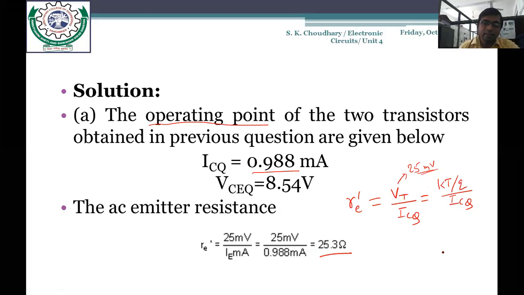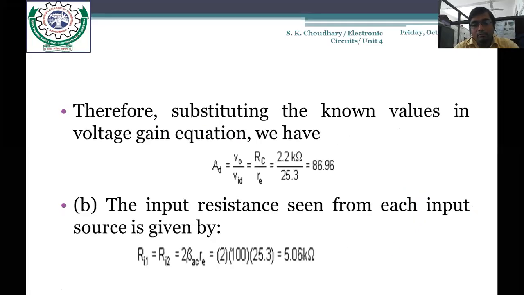RE dash is 25.3 ohm. Now you can easily calculate the voltage gain because RC is given, RE dash we have calculated, and now it is easier for us to calculate the gain. So the voltage gain equation is what?